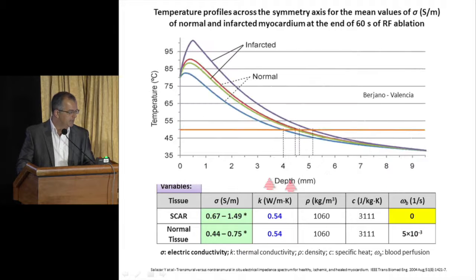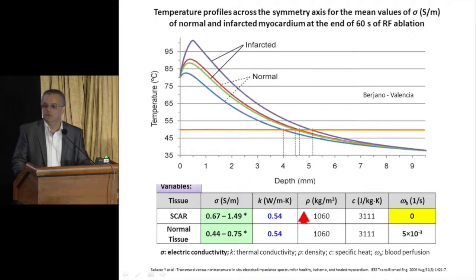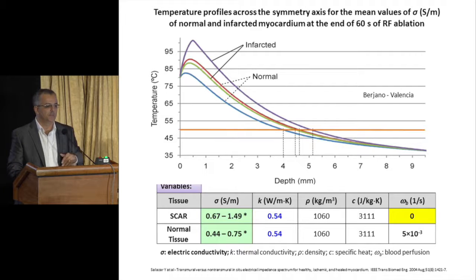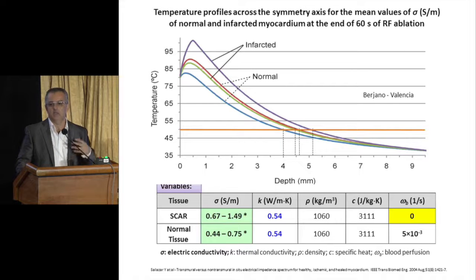If we take these variables into account and we plot this in a computer model, we will see what's been shown for decades, that scar is great for radiofrequency ablation. So the concept that scar actually prevents us from ablating has no explanation using this kind of computer model.